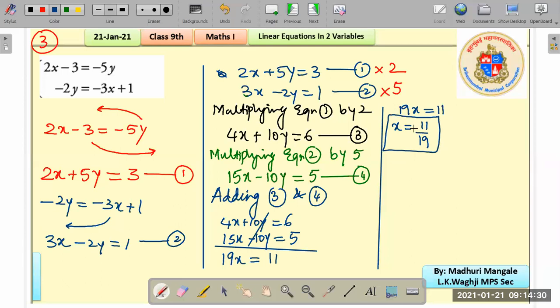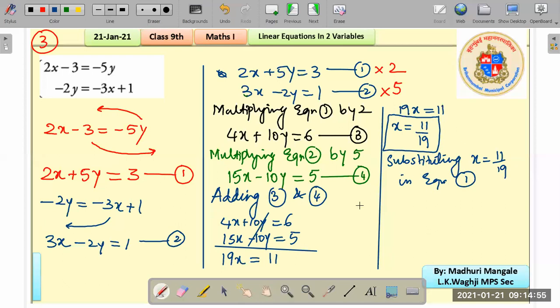And what will be the next step? We substitute this value of x in any one of the equations. Which equation? You can use any of them. Let's use equation 1. So substituting x equals to 11 over 19 in equation 1.